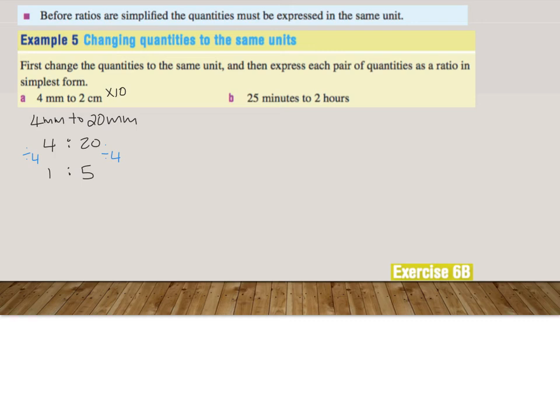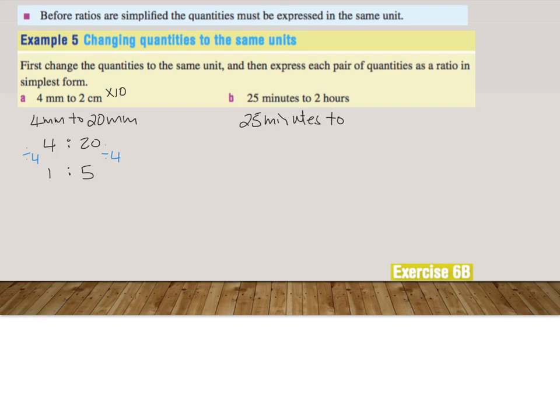Let's look at minutes and hours. Minutes are smaller than hours. Therefore, we are going to keep the 25 minutes as it is, to, and we need to change hours to minutes. To do that, I remember again chapter 4, and I say there are 60 minutes in every hour.